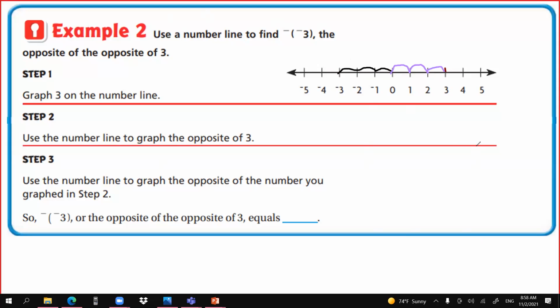So the opposite of -3 is 3. Then what is the opposite of 3? You go back 3 digits to the left, so it's going to be -3. So without this explanation, you have to know something: when I ask you what is the opposite of -3, what will the answer be?